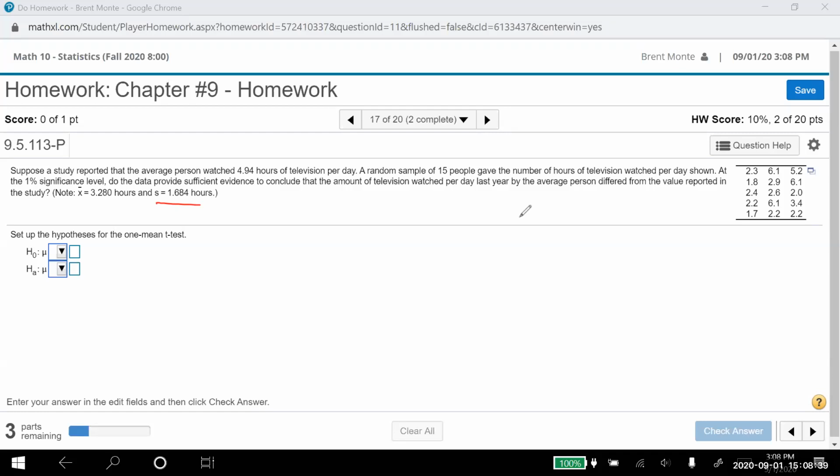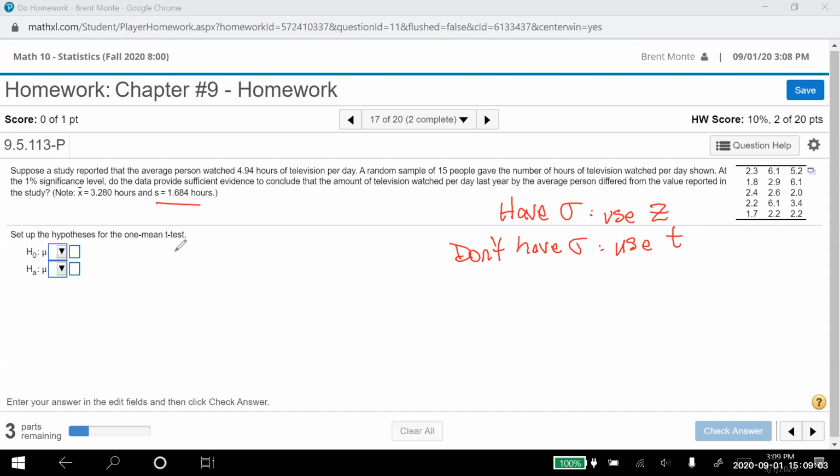So remember, if we have sigma, the population standard deviation, use z. Don't have sigma, use t. That's the big difference between the two. So we're going to use a t-test this time.